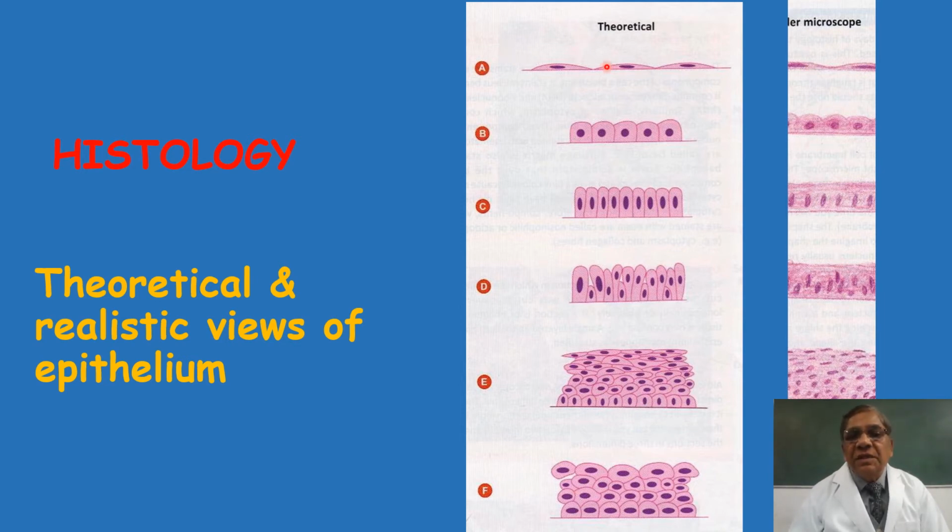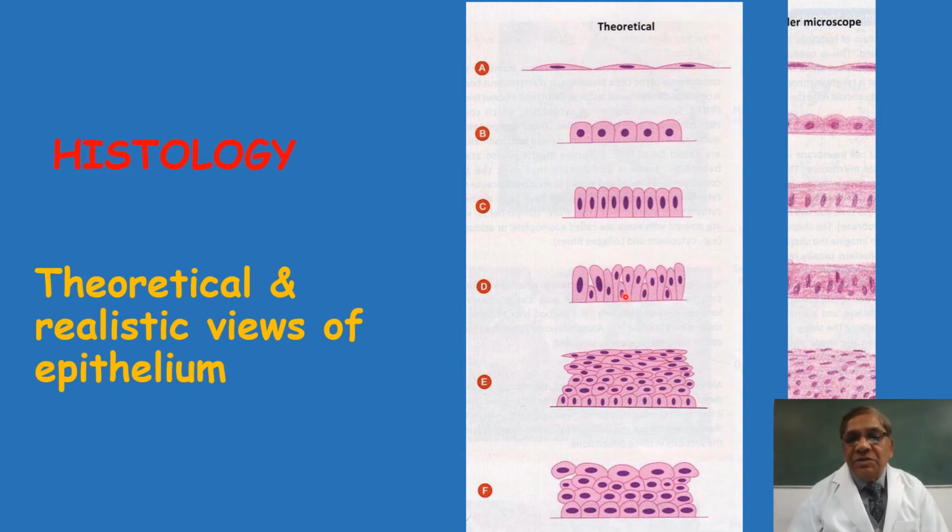Here you can see the clear-cut boundary of the cell, clear-cut nuclei, but here you are seeing only the nuclei, and they are floating in the mass of the cytoplasm. There is no clear-cut boundary of the cell. Similarly, for the very well-defined boundary of the cell and nucleus, here you are seeing again in the mass of the cytoplasm the nuclei floating. Similarly, a well-defined columnar cell, and what you will see under the microscope is cells without any boundary.